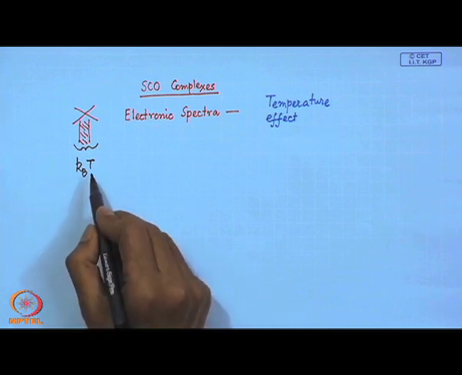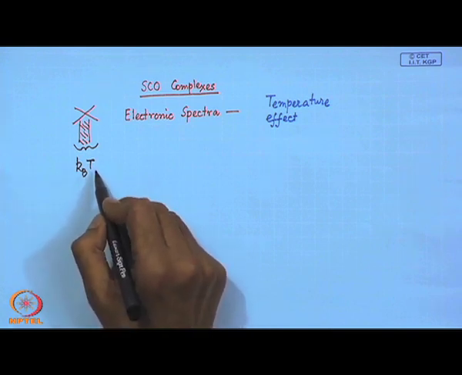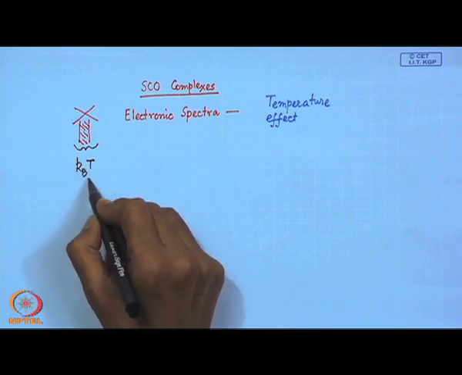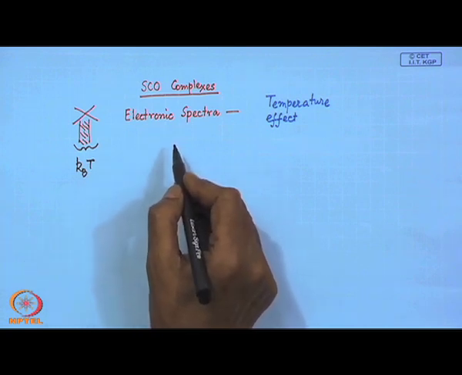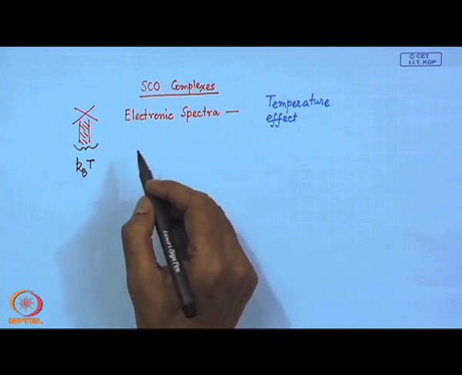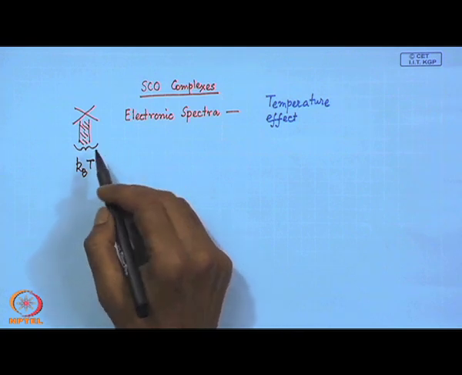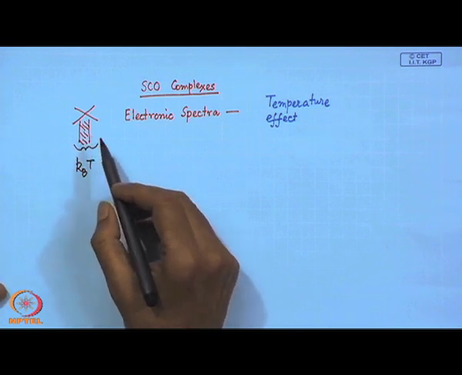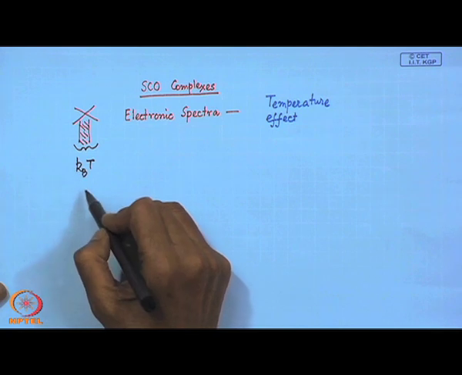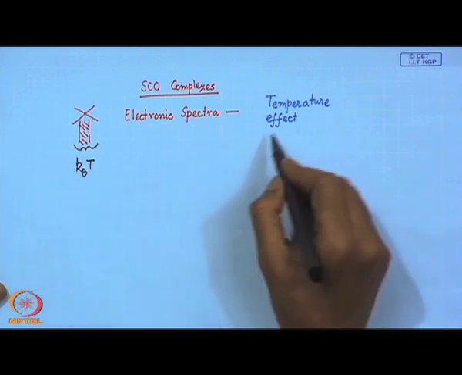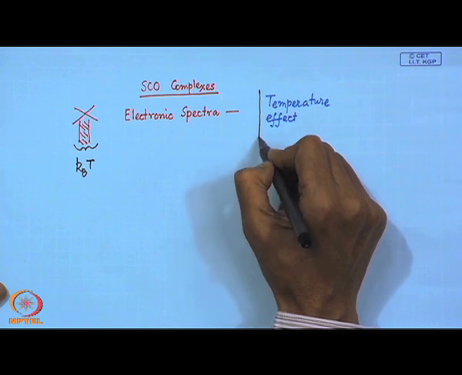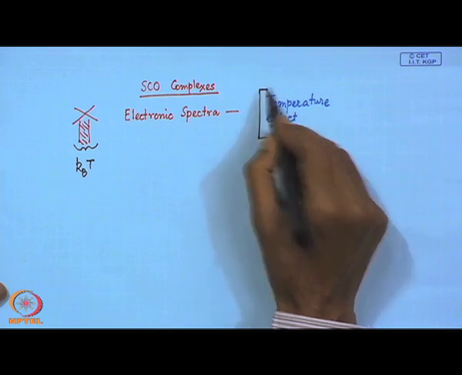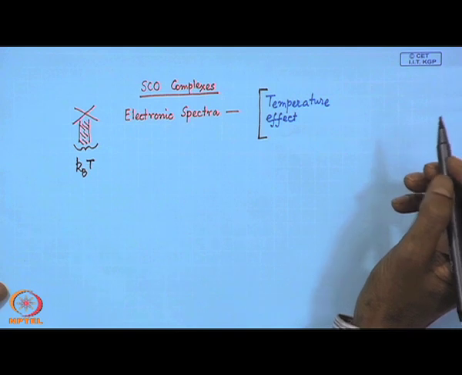So, it can show the corresponding changeover if we monitor the temperature where we are measuring any physical characteristics or the spectra. Since this crossover region stays in this particular range, we can see the temperature effect all the time. So, variable temperature attachments for these measurements are a must.